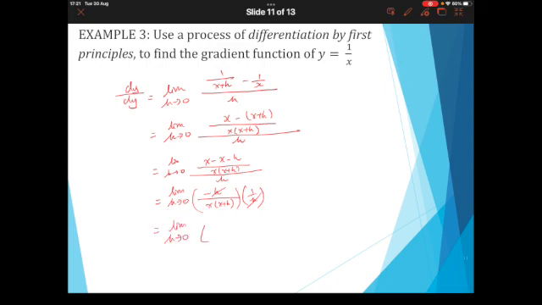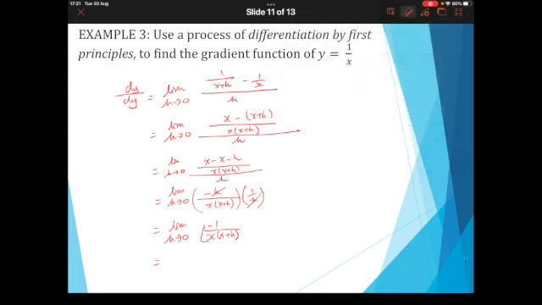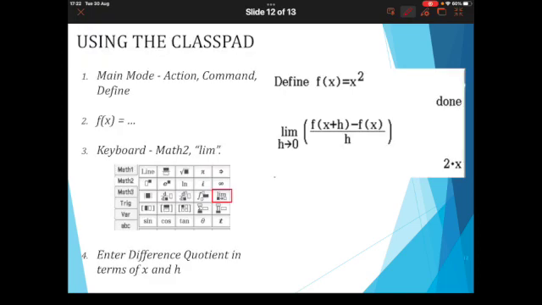So limit of h approaching 0 is actually minus 1 over x(x plus h). When h approaches 0, what we have is minus 1 over x squared. So that is your gradient function of y equals 1 over x using the process of differentiation by first principle.